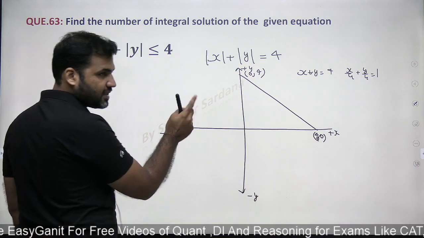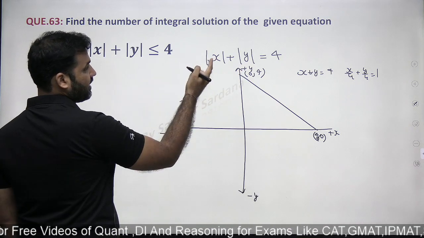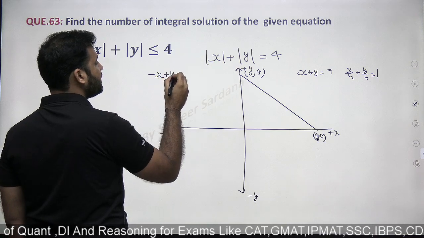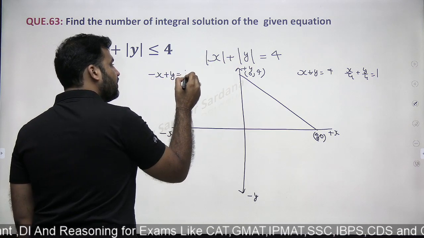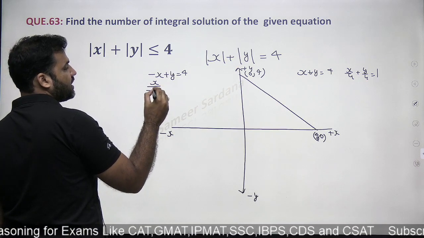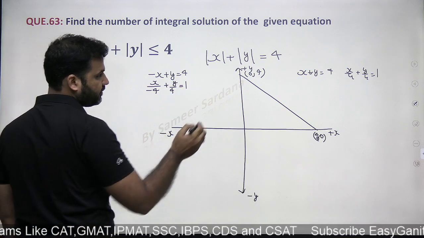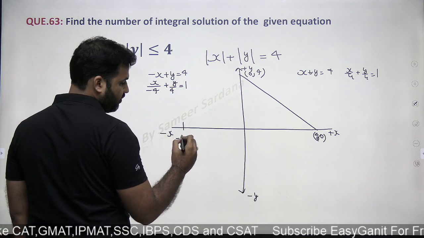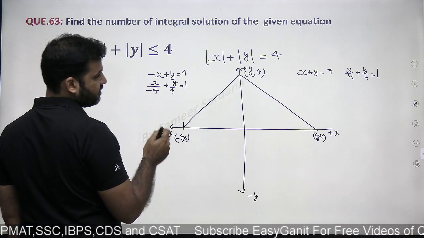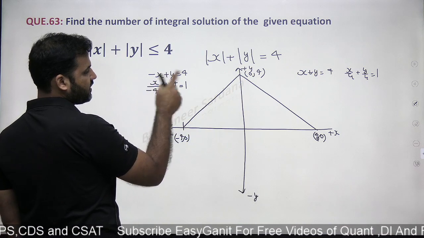Now, when I come to the second quadrant, x is negative, y is positive. So I need to open the mod of x with a negative sign and mod of y with a positive sign, equal to 4. Intercept form of this would be x upon minus 4 plus y upon 4 is equal to 1. Take minus 4 on the x-axis. Right? Draw this line. This is the graph of minus x plus y is equal to 4.